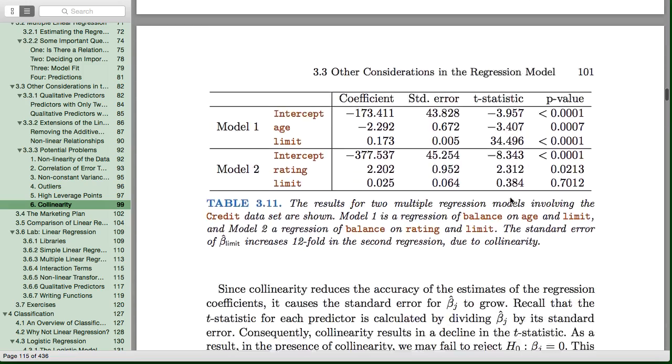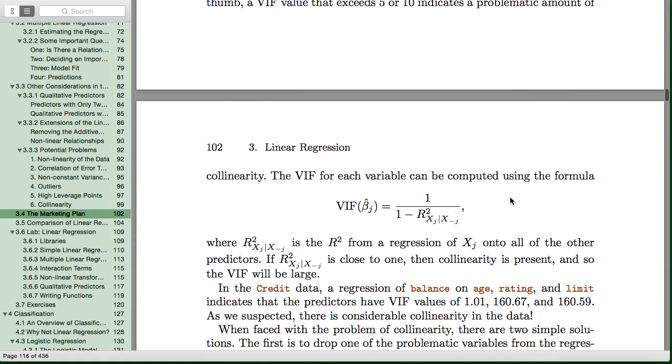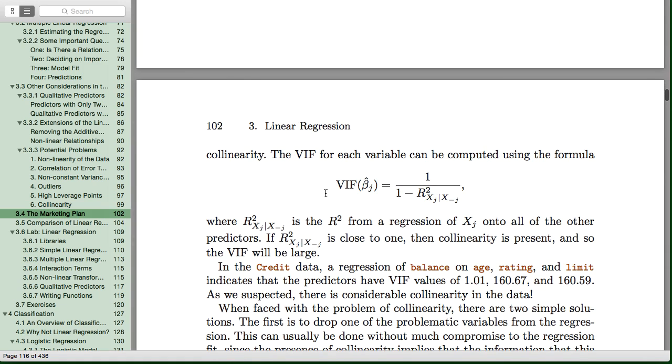And luckily there is a statistic we can use. Here it is, variance inflation factor. Most statistics software is set up to actually calculate it for us. It's a statistic we can use to figure out whether or not multicollinearity is a problem. And this is found in the following way. We do a regression of one of the predictors on all of the other predictors.